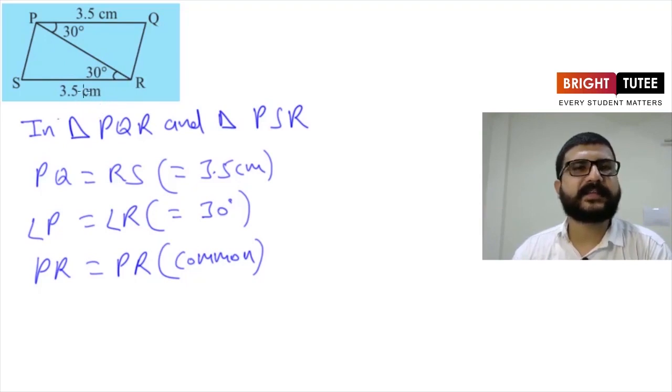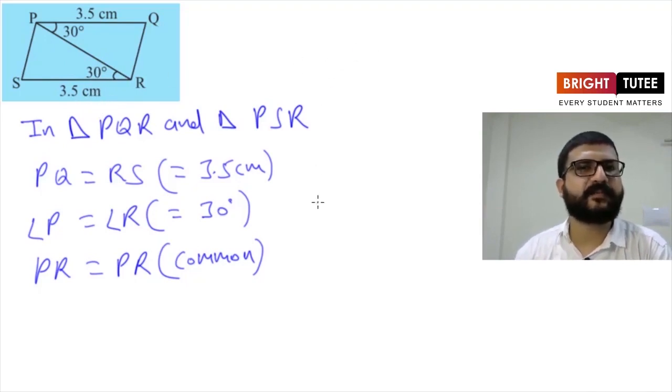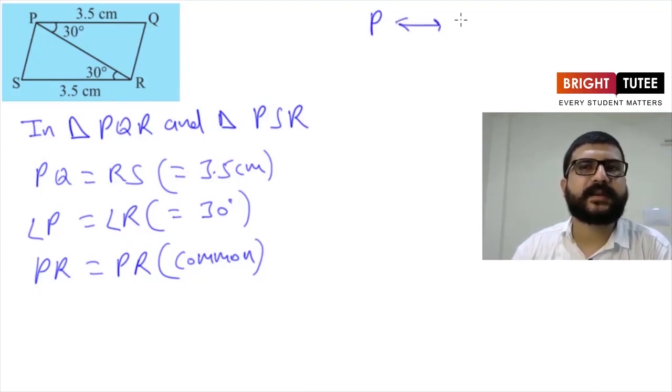Now the thing is how to write the congruency relation. For that we need correspondence between vertices. As we can see here, angle P is equal to angle R, so vertex P corresponds to vertex R, and PQ is equal to RS. Here is PQ.